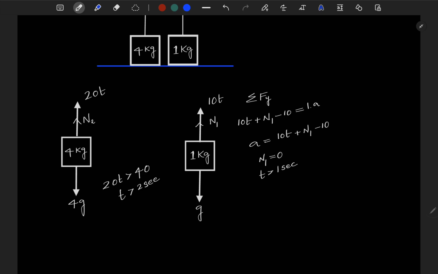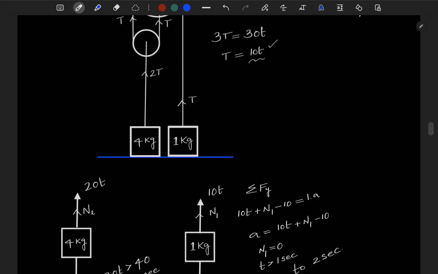So what you have to understand here is, for t greater than 1 second, the 1 kg block starts rising up, and for t greater than 2 seconds, the 4 kg block starts rising up. In a duration of t equal to 1 second to 2 seconds, only the 1 kg block will be in motion, whereas the 4 kg block will still be at rest.